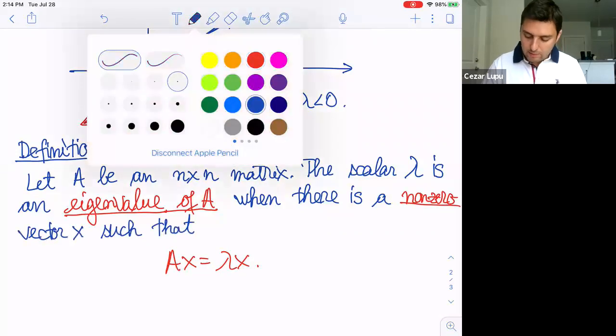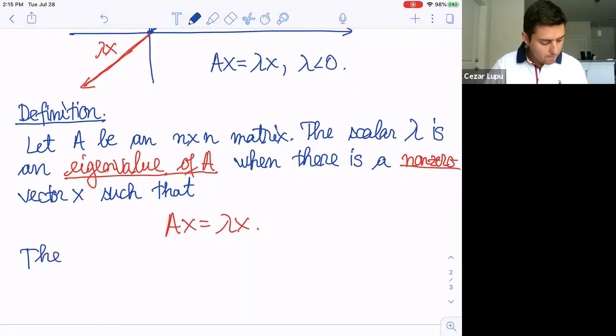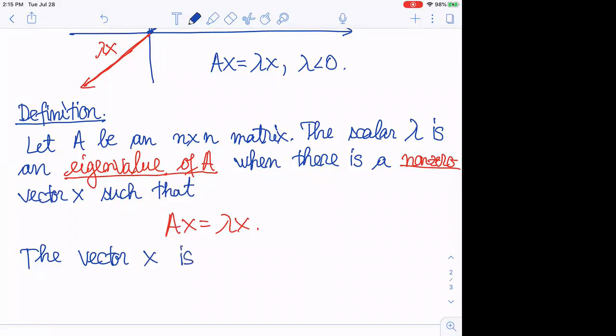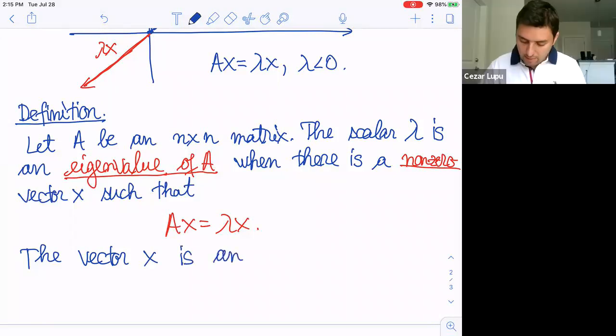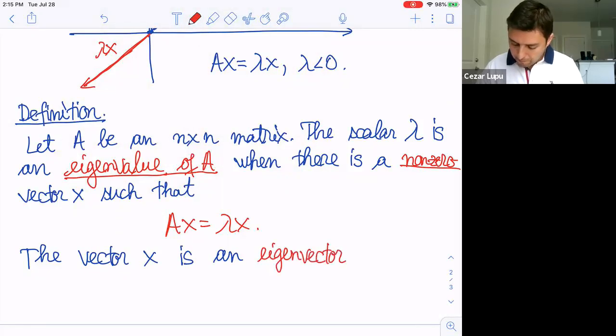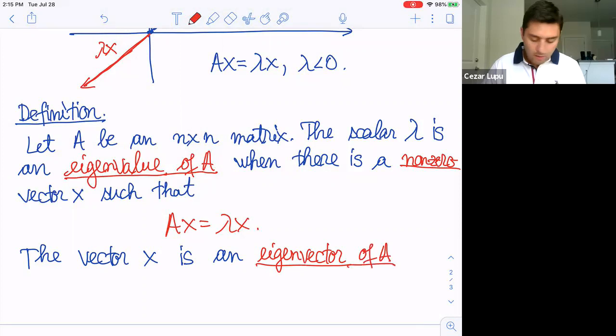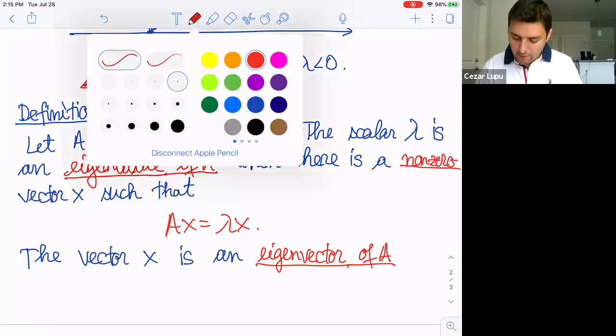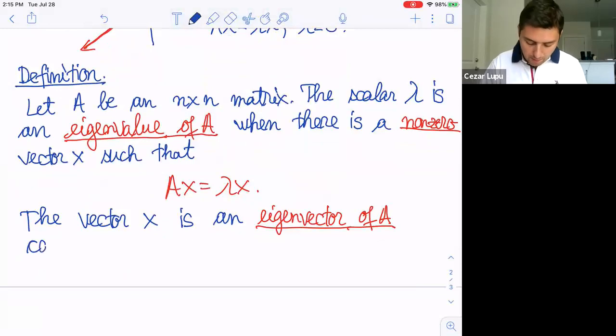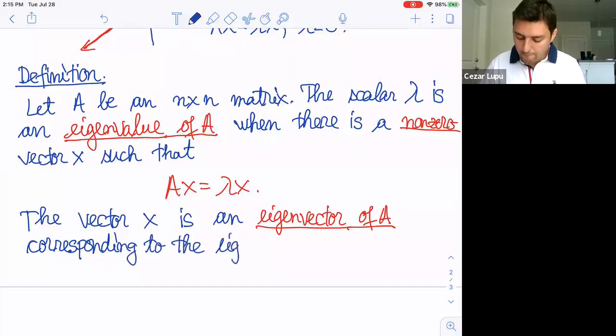And now this vector x, the corresponding vector x, let me write it this way. Vector x is an eigenvector of A, corresponding to the eigenvalue lambda.